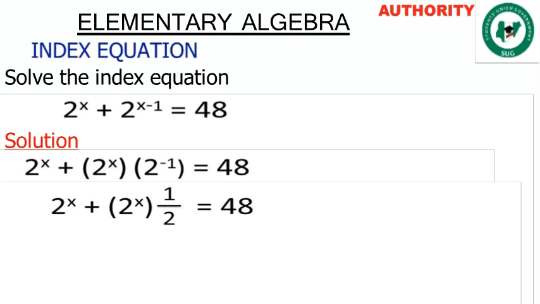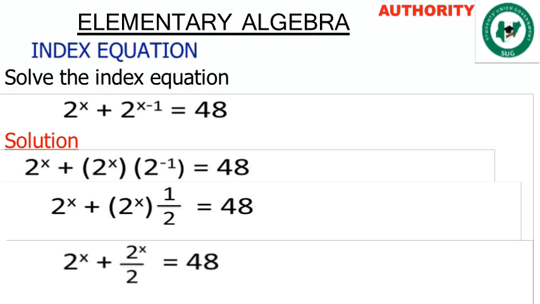Equal to 48. Now we have 2 raised to power x plus, now we're going to multiply this one. I have 2 raised to power x times half. It will give you 2 raised to power x all over 2 equal to 48.